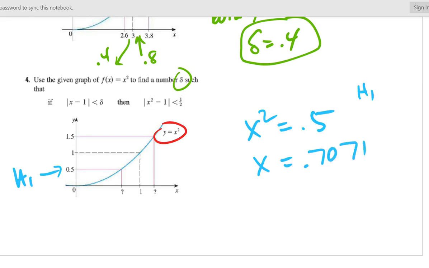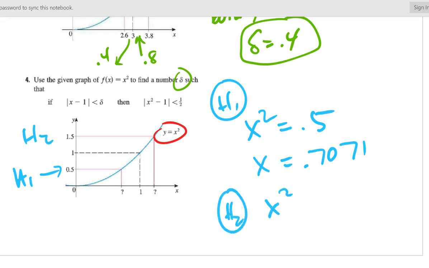Okay, this is now for h2. So this was h1. For h2, x squared is equal to 1.5. And then we get x equal to 1.224.